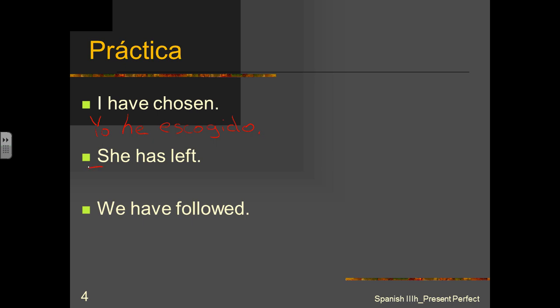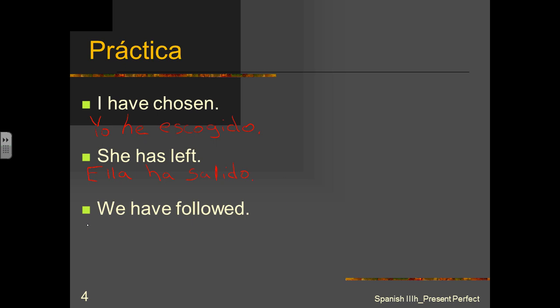She, ella, has, look back at your notes with the chart, and left is salir. You take out the ending, you add ido. Ella ha salido. Okay, instead of saying she left, she has left. Instead of saying he chose, or I chose, I have chosen.